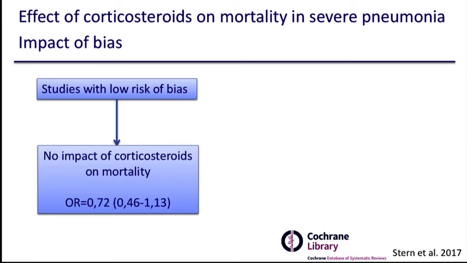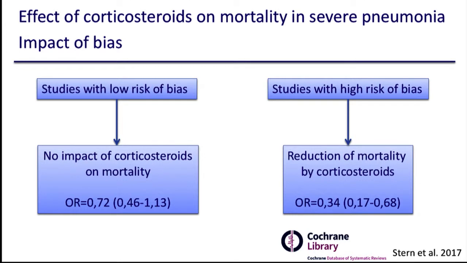And this risk of bias is important because if we go back to the results of the meta-analysis of the Cochrane Library, they nicely showed that if you only include studies with a low risk of bias, you find no impact of corticosteroids on mortality. But if you include all the studies, including the studies with high risk of bias, you find this reduction of mortality by corticosteroids.